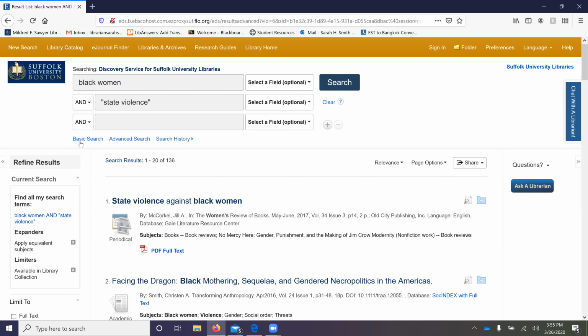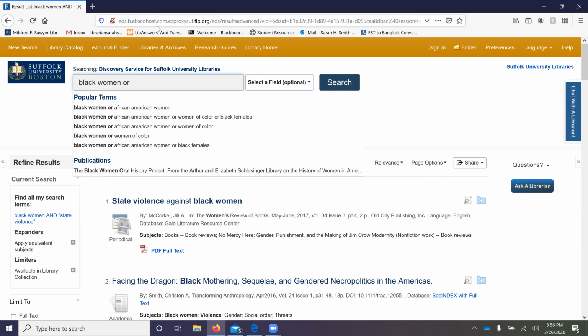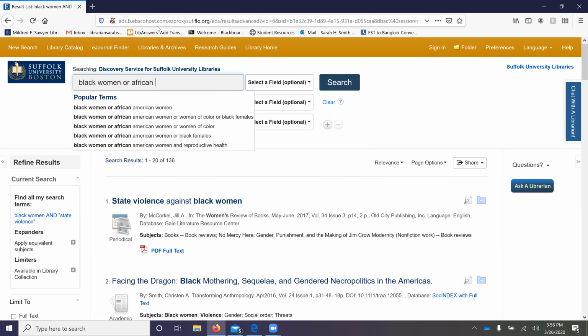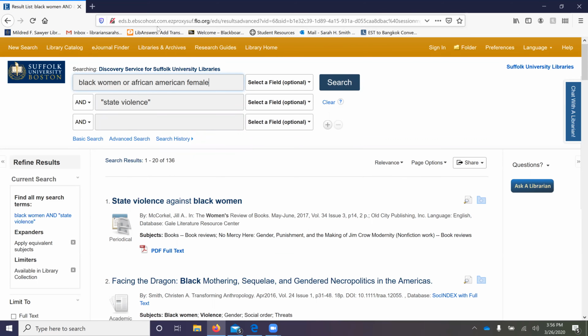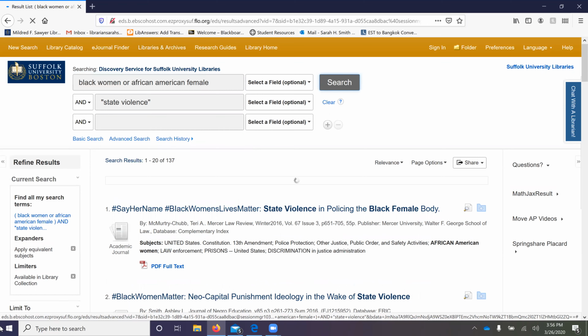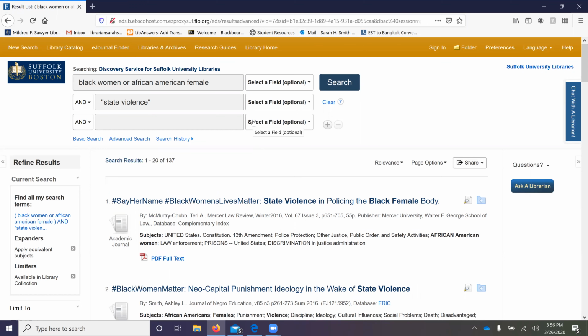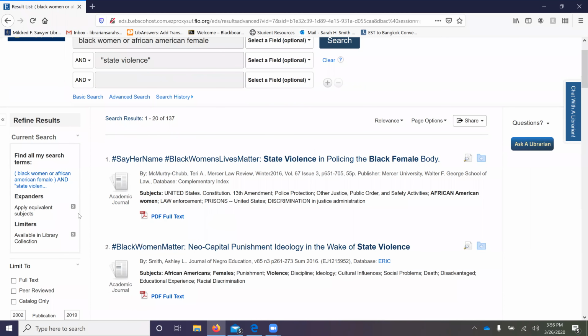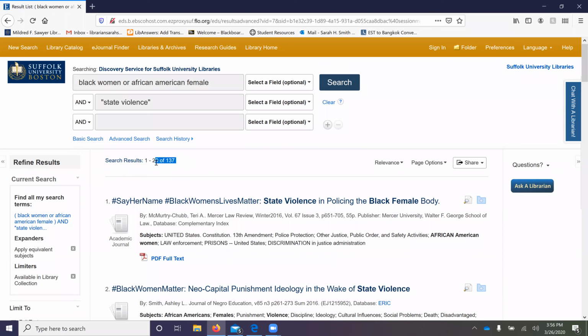So what we're going to need to use or for is synonyms, words that mean similar things. If we look at Black women, we could do Black women or African American female, which is a synonym with Black women. And that took us to 137, so not that many more.